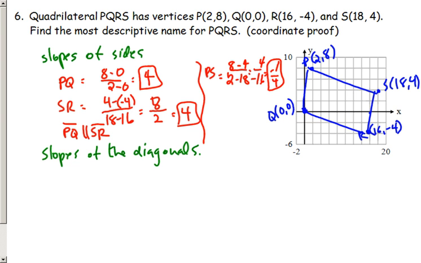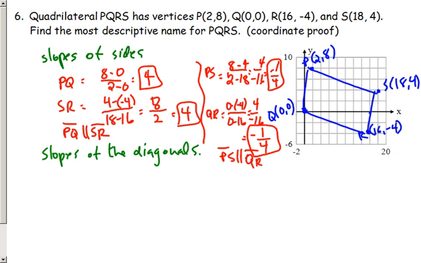Okay, and then QR has a slope of 0 minus negative 4 all over 0 minus 16, which is 4 over negative 16, which again is negative 1/4. So you see right now that PS is parallel to QR. So this is at least a parallelogram.